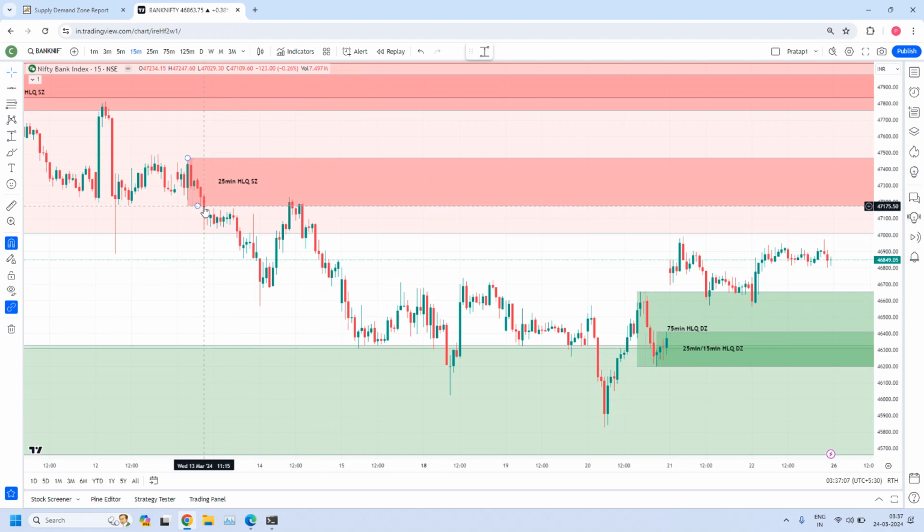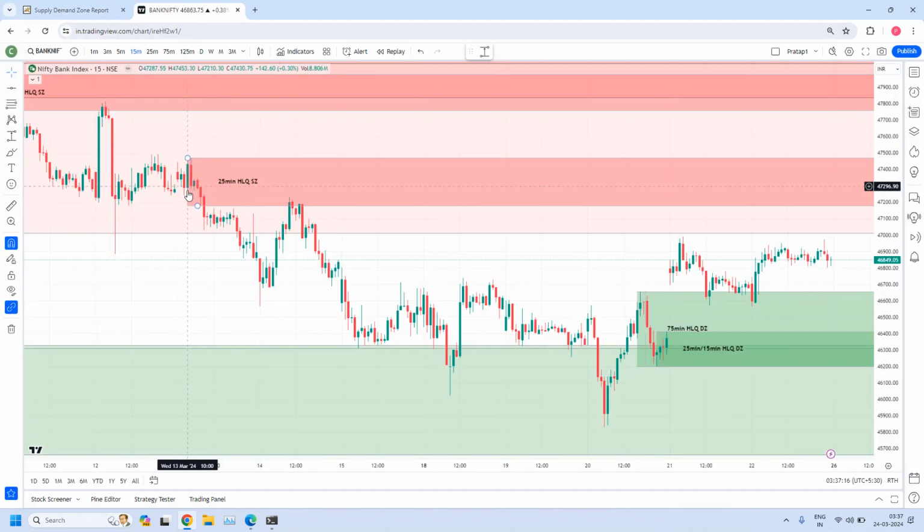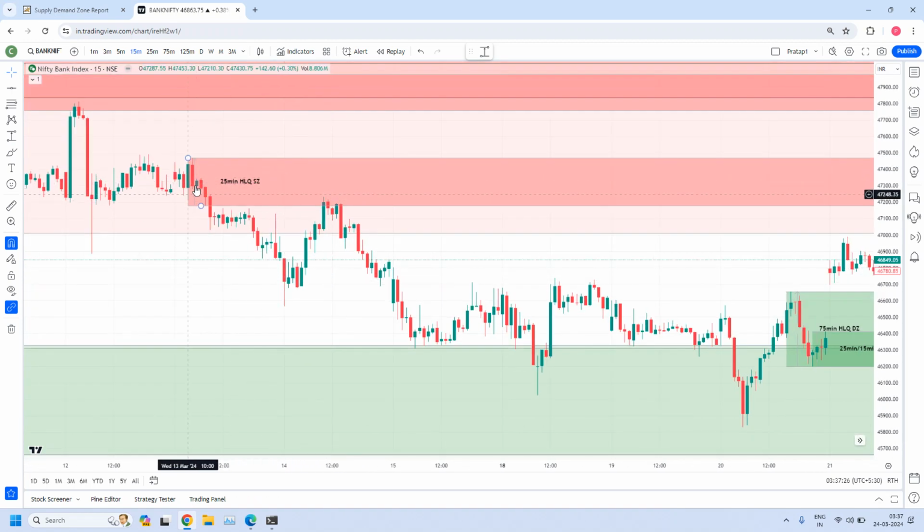Okay, 14, 13, 3, 10, 15. Yeah, this is the one, inside 25 minutes. 13, 3, 10, 15. 1, 2, 3, 4. These are the base candles. So we are supposed to draw a zone like this.